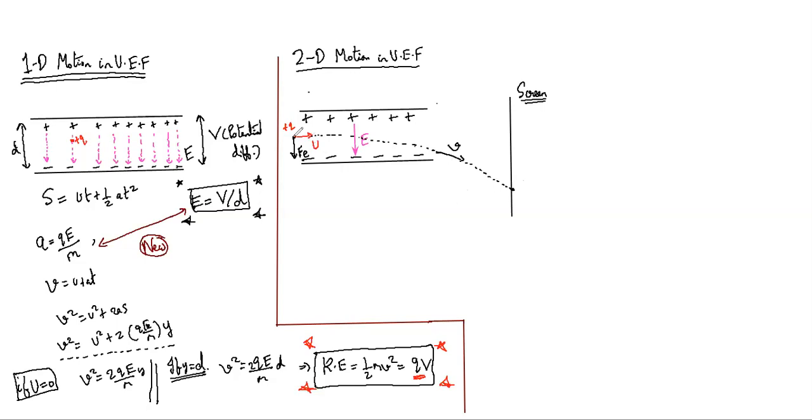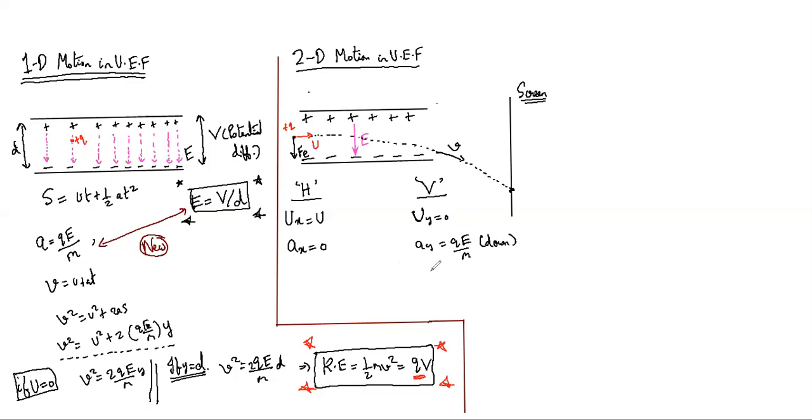So I'm throwing a charge in the horizontal direction, and the charge is moving in a path like this, hitting the screen at this point. Again, this can be solved in 2 dimensions, horizontal and vertical. In the horizontal direction, the initial velocity equals u, acceleration equals 0. Here the initial velocity equals 0, acceleration equals qE by m downwards.